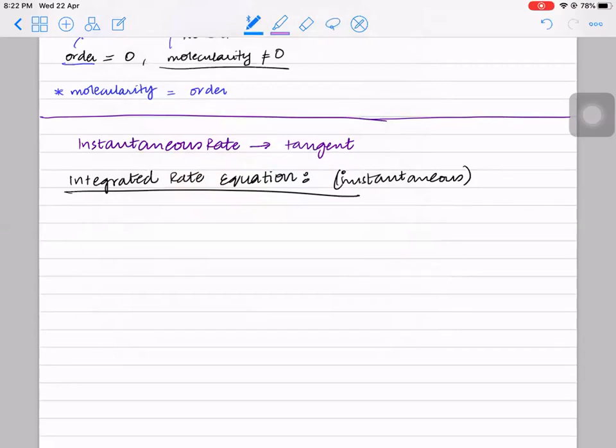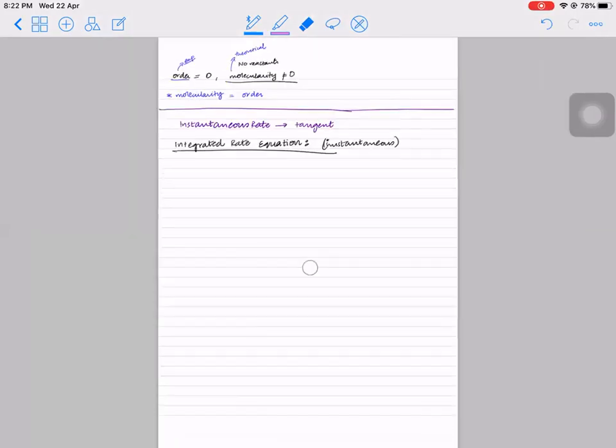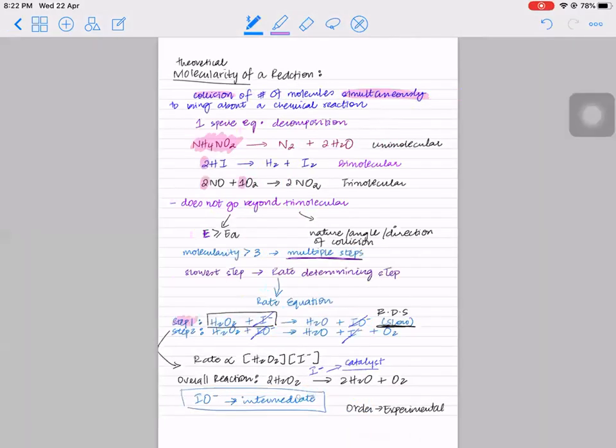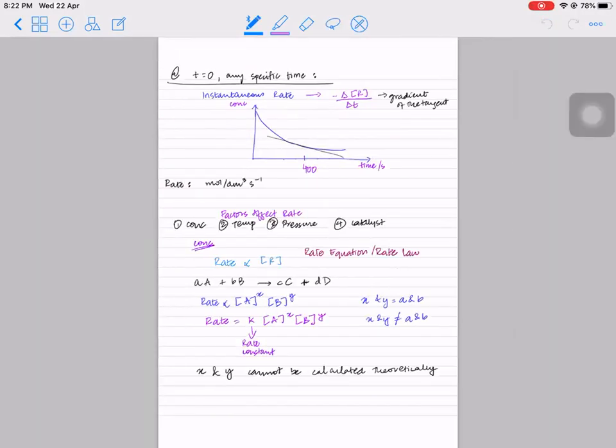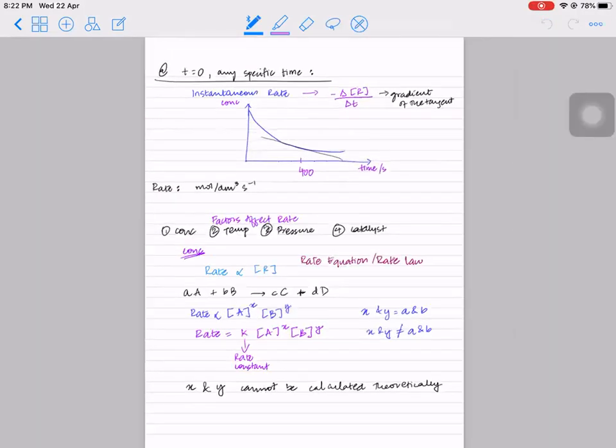The differential rate equation was the normal one, y2 minus y1 upon the change in x, like if you had 2 points and had to figure out the rate. I'll just go back to what we have done earlier just to remind you what instantaneous rate was. This was this, right?